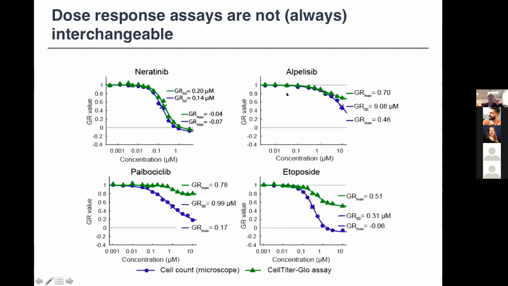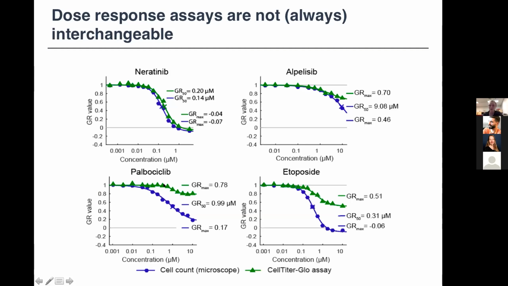As part of the exercise and part of the experimental design, one LINCS center used the CellTiter-Glo assay. And as you can see, in some cases, neratinib is a great example, the assays are totally interchangeable. If you use a microscopy-based assay or an ATP-based assay like CellTiter-Glo, you get virtually indistinguishable dose response curves.